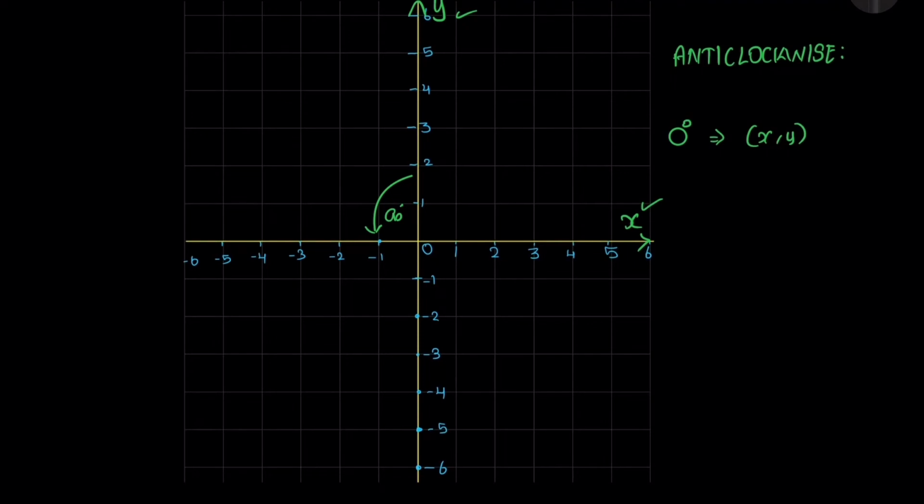The position of y is changing here, and this x is changing to this place. What are the values? x is minus y and y will become x.